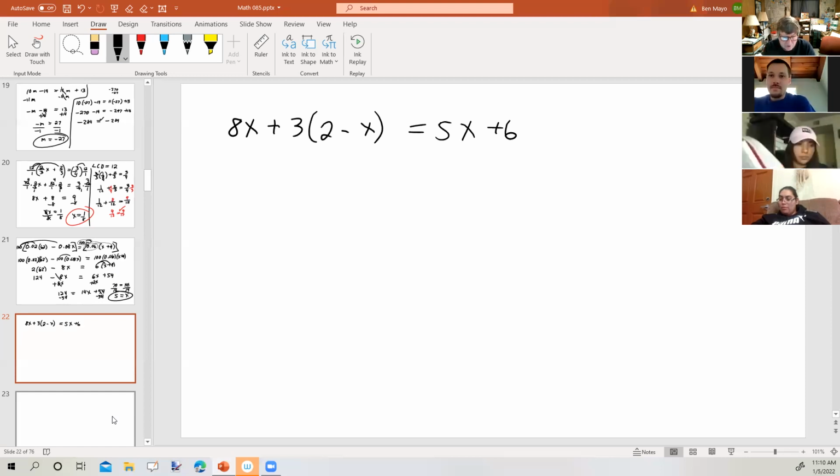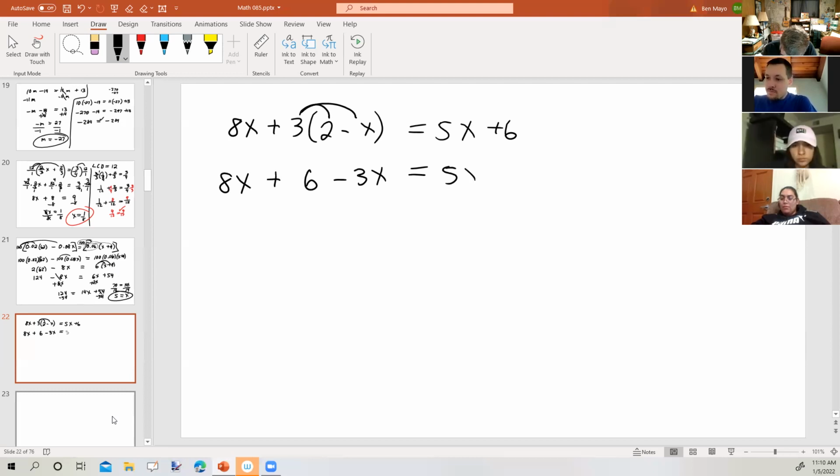So on the left, I'm going to start inside the parentheses. 2 minus x. Those are not like terms. I can't force them together. So I'm forced to distribute the 3. 3 times 2 is 6. 3 times minus x is minus 3x.